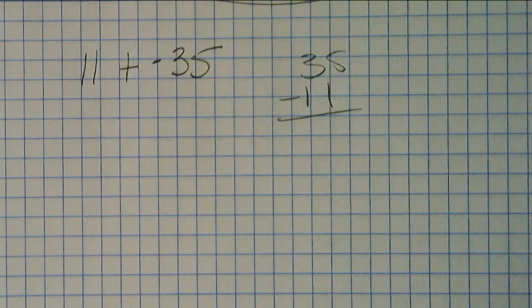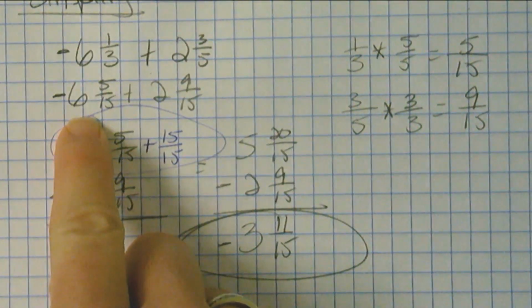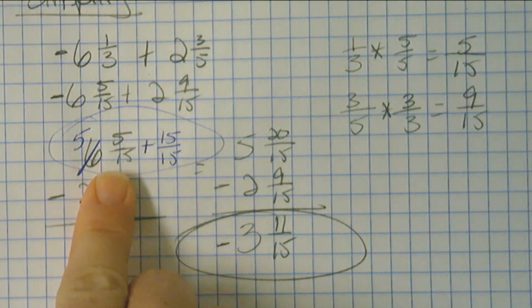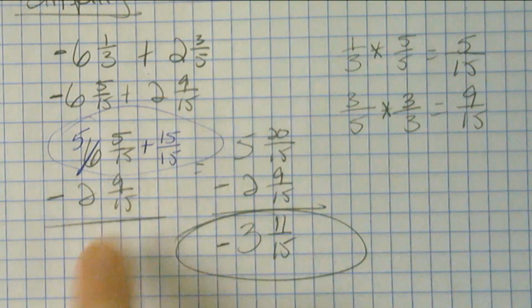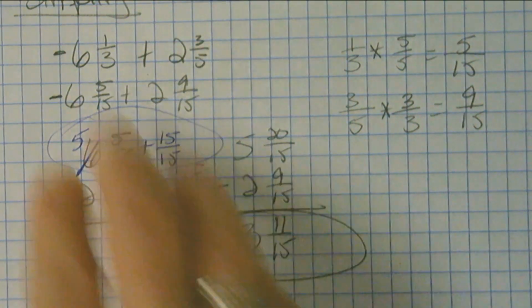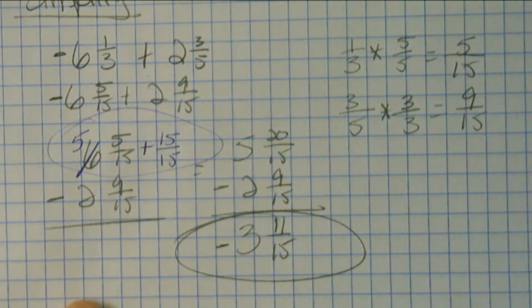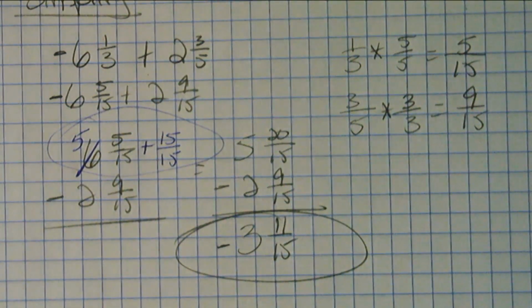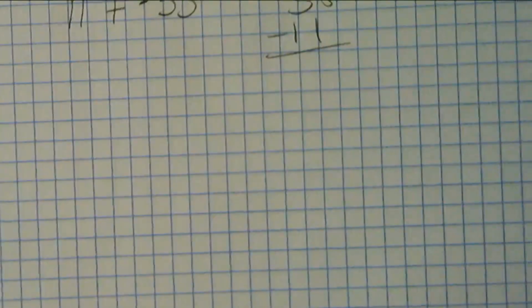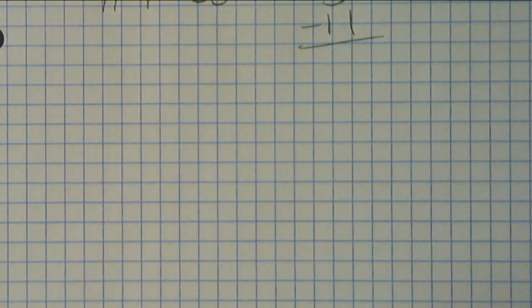So when you take the absolute value of negative 6 and 5/15, it's a positive 6 and 5/15. When you take the absolute value of 2 and 9/15, it's a positive 2 and 9/15. And that's what I'm subtracting, the absolute values. So it's not just that I'm dropping it off. I'm doing that absolute value work. Remember? Okay. Let me give you guys another one to do.